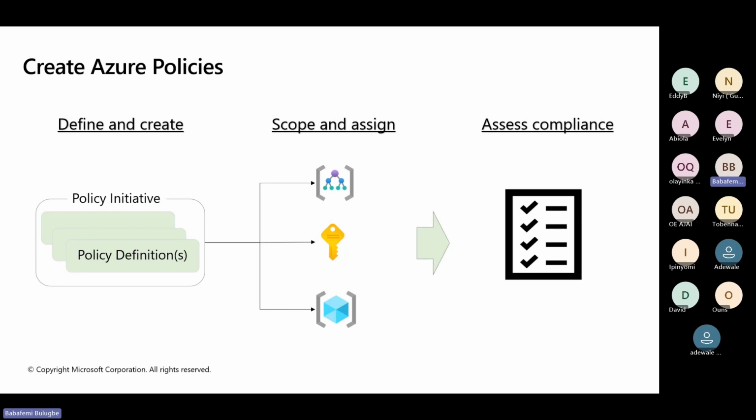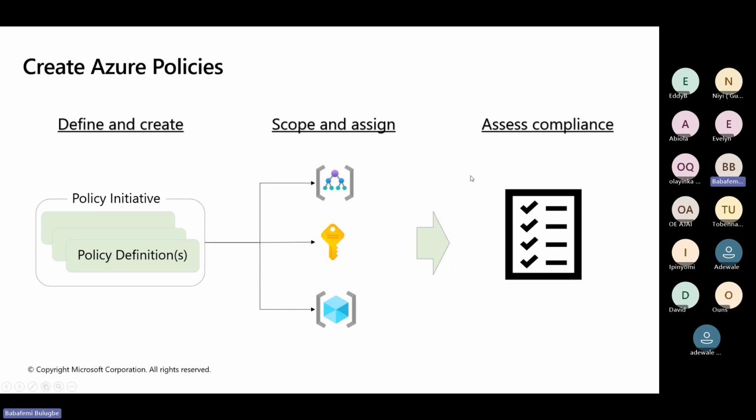And if you do the same on the resource group, it will not apply to all the resources within that subscription. It will only apply to resources within that particular resource group. So depending on where you want to apply this is what we call the scope.